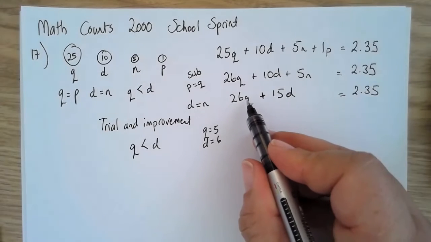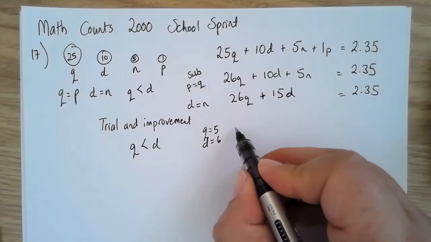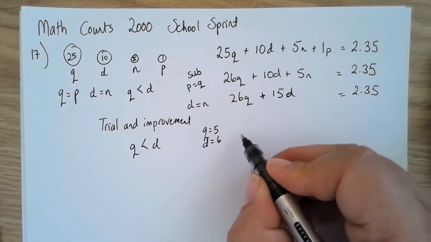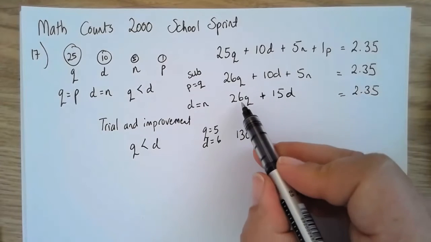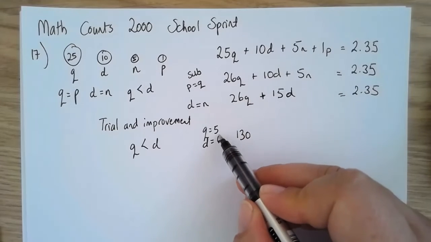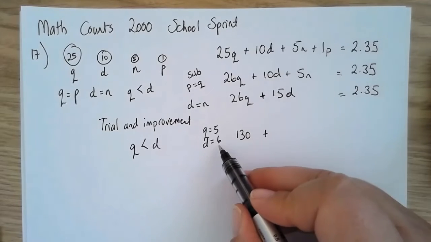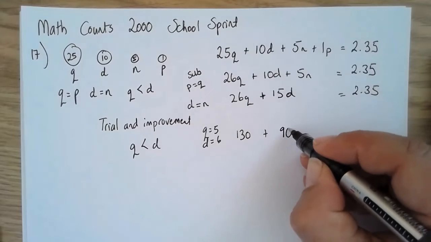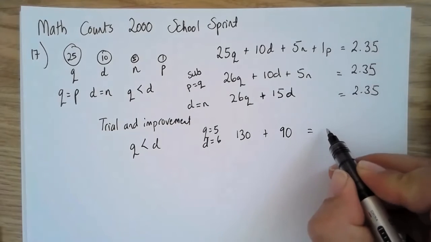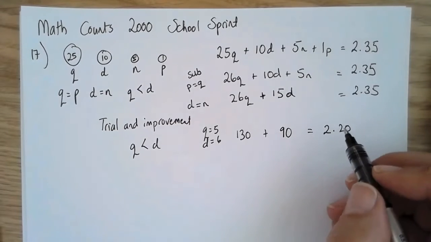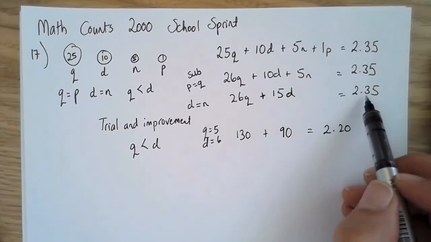Q equals 5, so 26 multiplied by 5 gives us 130. That's 26 multiplied by the Q that I'm guessing here. And then 15 lots of 6 gives us 90. This gives us $2.22. Actually, what I've done is I've made them into dollars here.